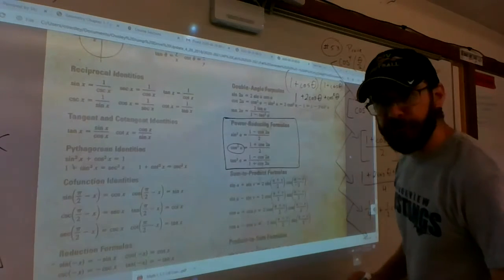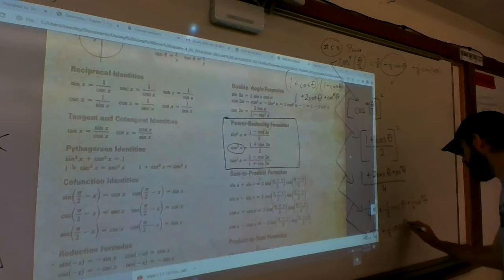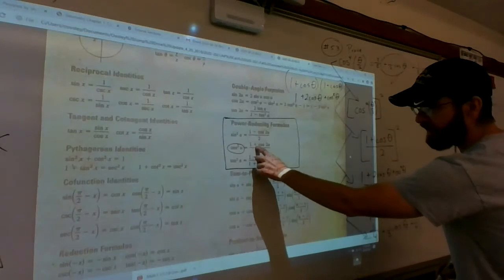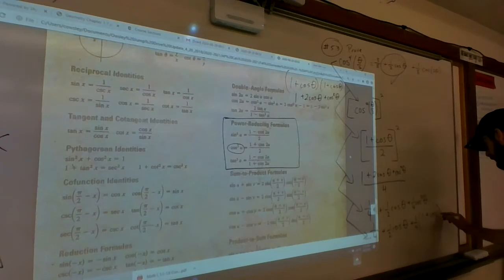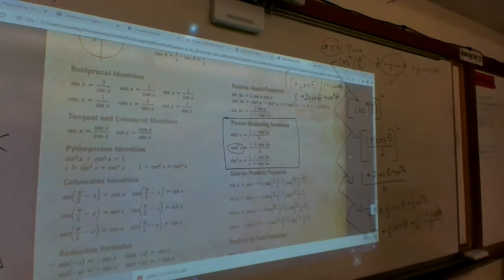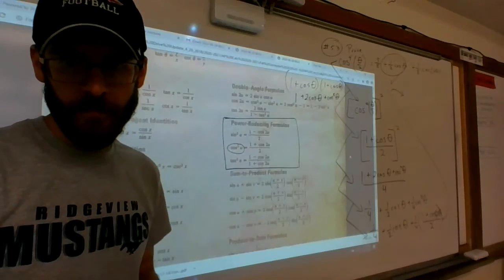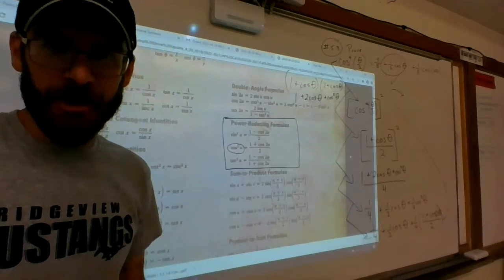We're going to do another power reducing formula where we replace the cosine squared with 1 plus cosine of 2 theta over 2. At which point, it's kind of just an algebra game now.